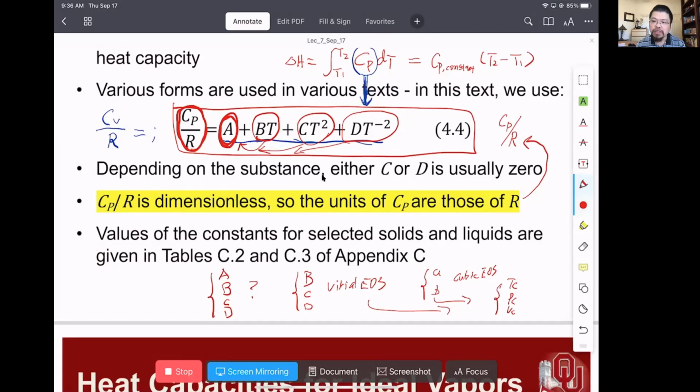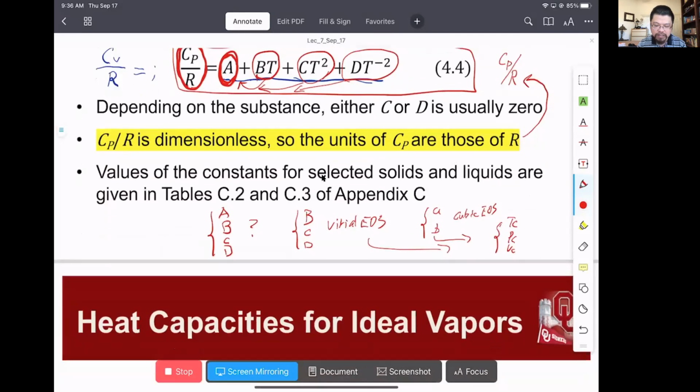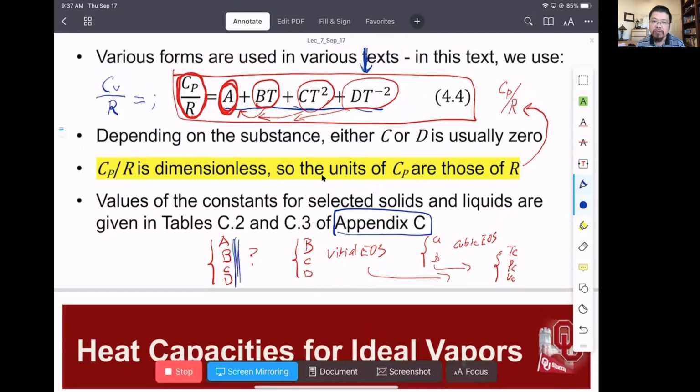So there is always a need of correlating or running experiments to figure out those constants. This is why we need to have access to the appendix. When you check the appendix of the textbook, the constants for some popular solids and liquids, the ABCD values for specific heat, are provided, measured by others and available to us.